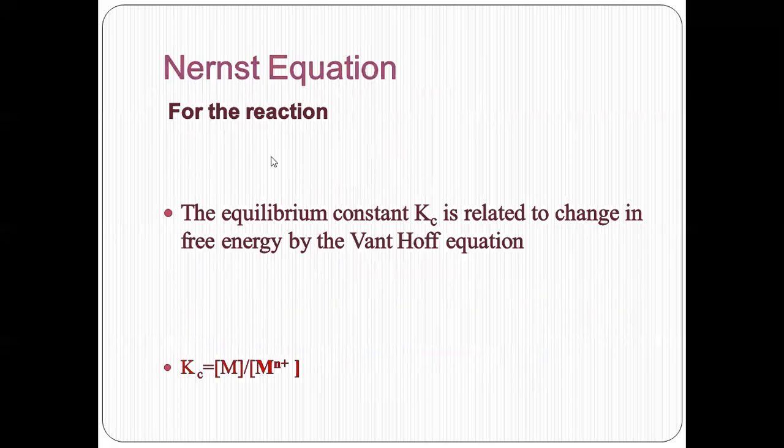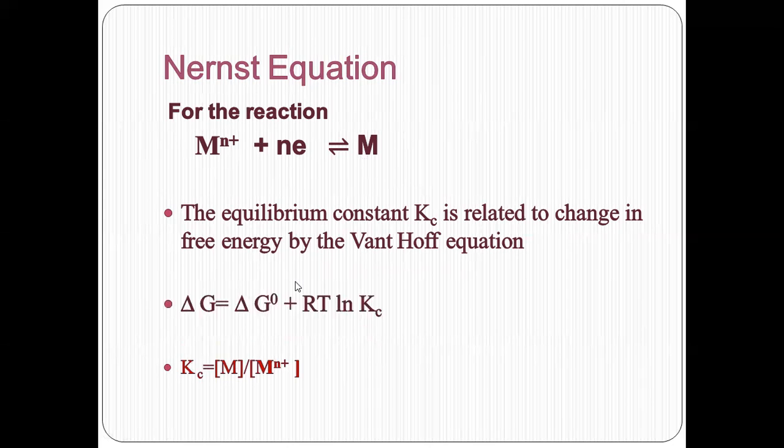Now we are going to derive the Nernst equation for the reduction reaction. Here we have taken M^(n+) plus n electrons in a reversible reaction giving M. This type of reduction reaction is what we take for deriving the Nernst equation. Here we relate delta G and delta G naught using the van't Hoff equation.